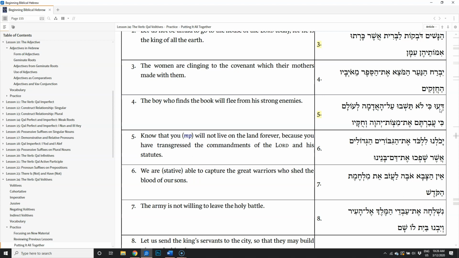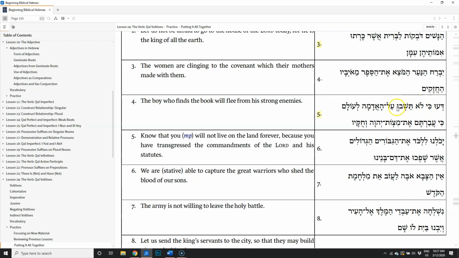So yada is he knew, so this would be something like know or understand that. Ki here can be because, but often when it follows a verb that sort of has a connotation of content, like you would know some content, some information, the ki often appears as a particle of content or a marker of content.